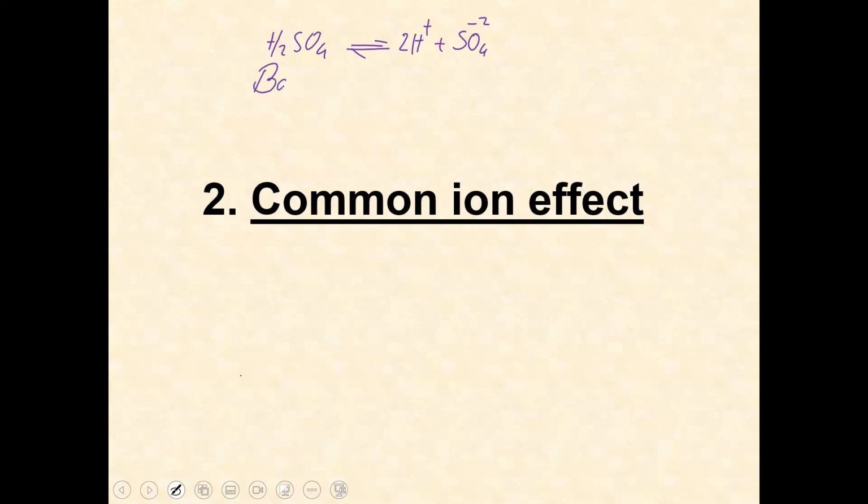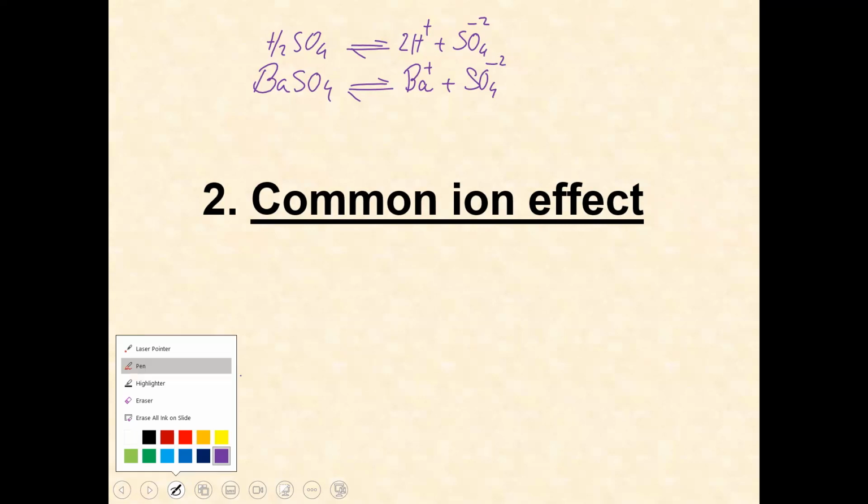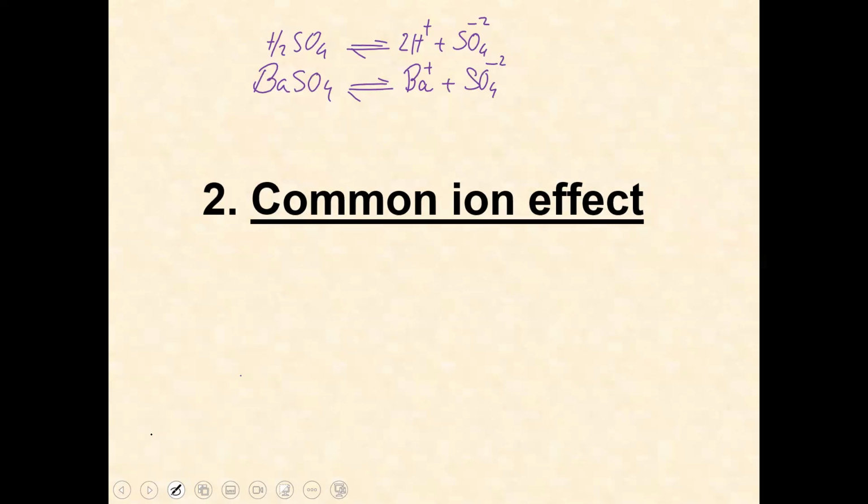Now I also put in the same solution barium sulfate. Barium sulfate is a sparingly soluble salt, but it also releases SO4 2-. So from two separate sources, we are getting a common ion, and that common ion is called SO4 2-.